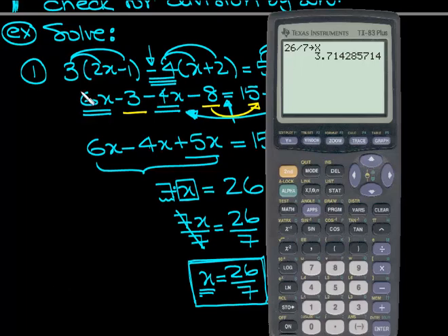Now all you have to do is type the left hand side of your equation in your calculator just as it's given to you. So you take 3 parentheses 2 times x minus 1 close parentheses minus 4 parentheses x plus 2. So I'm just entering the left hand side as it's given to me. Press enter. So my left hand side is equal to that.